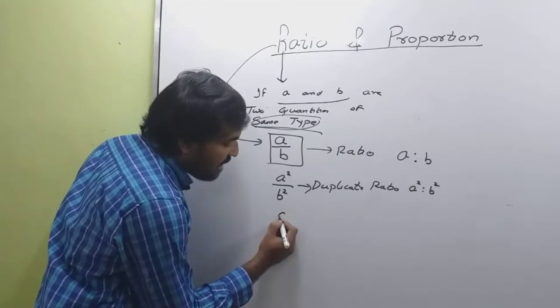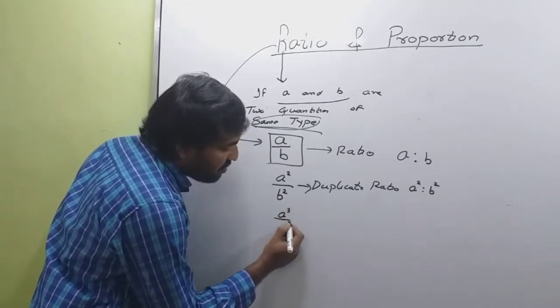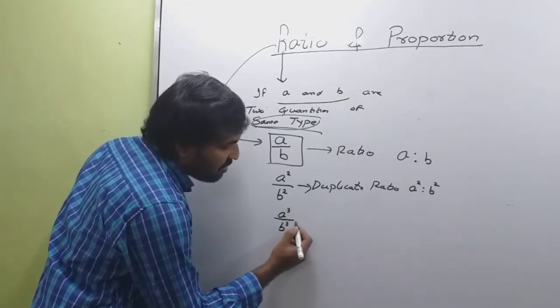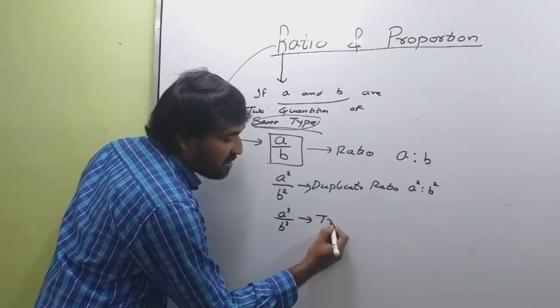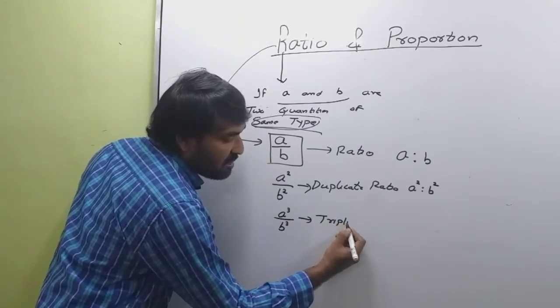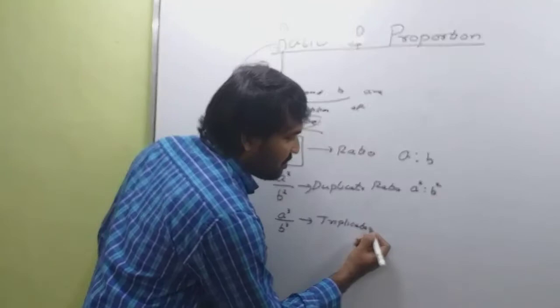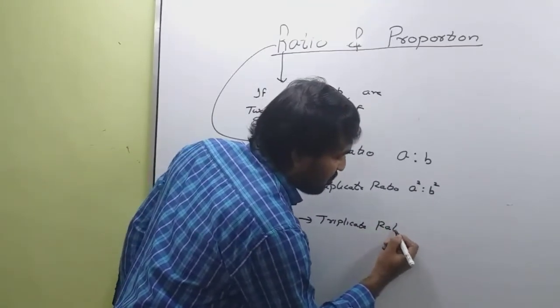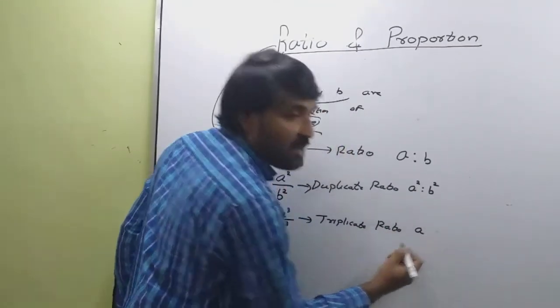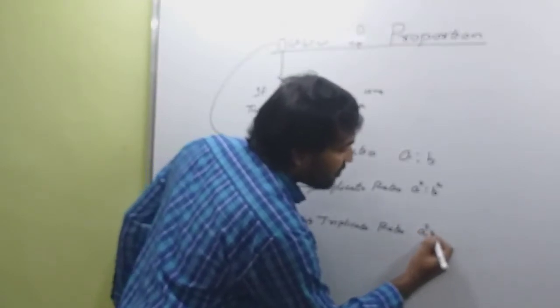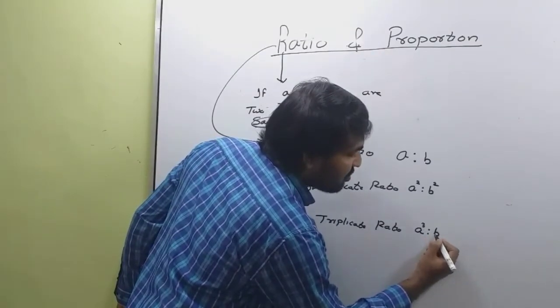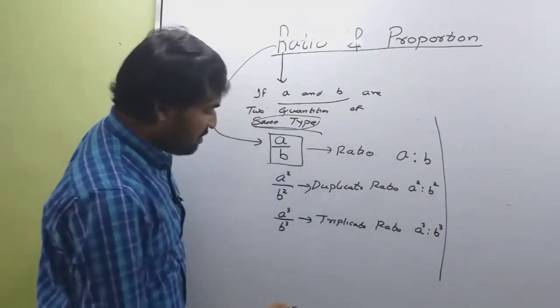Then A cube by B cube is called triplicate ratio and is denoted by A cube is to B cube.